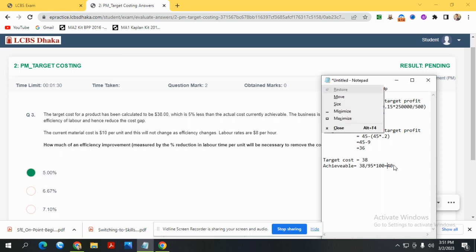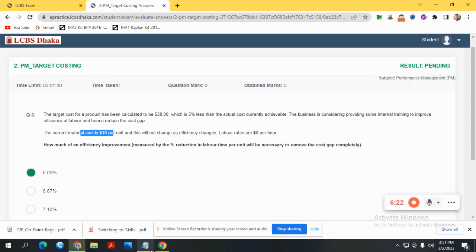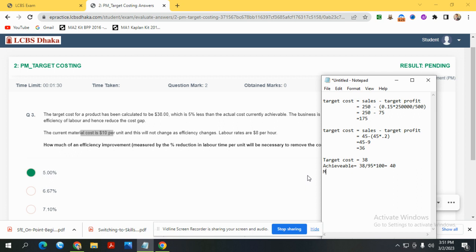All right. From this $40, if you notice, we can't do anything about material, $10 will be $10. We remove the material because material has nothing to do with the efficiency. So if I remove the $10 of material, then my labor presently is $30.